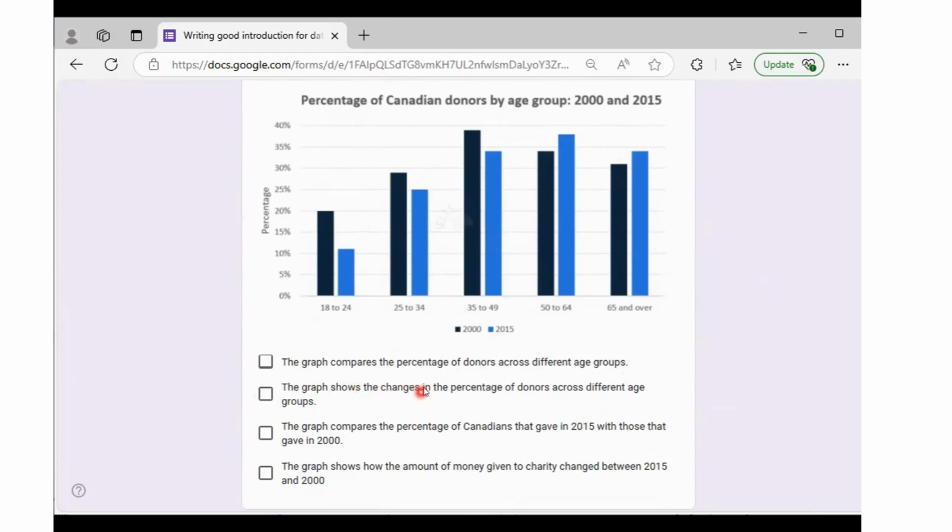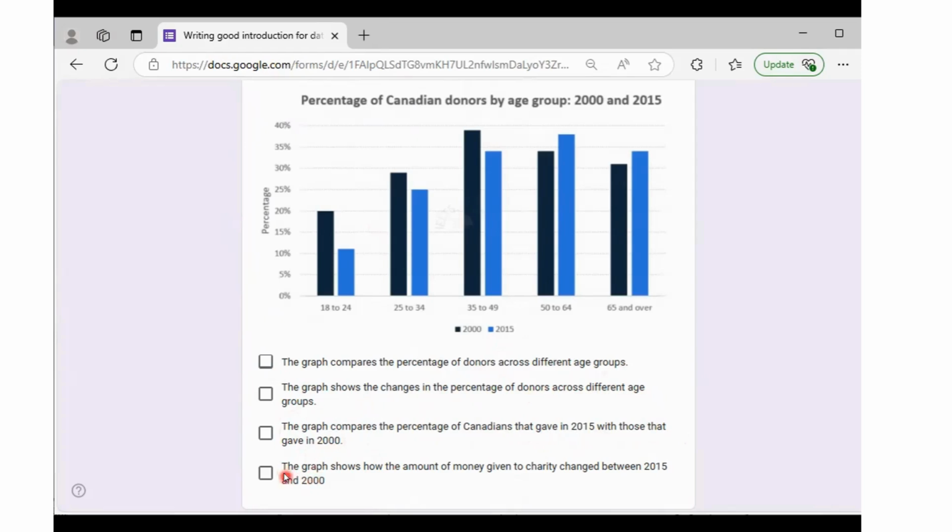The graph shows the changes in the percentage of donors across different age groups. Okay, this second one looks correct too. The graph compares the percentage of Canadians that gave in 2015 with those that gave in 2000.